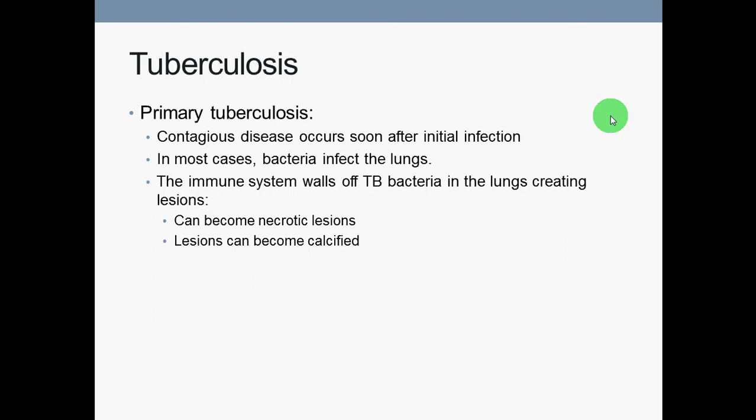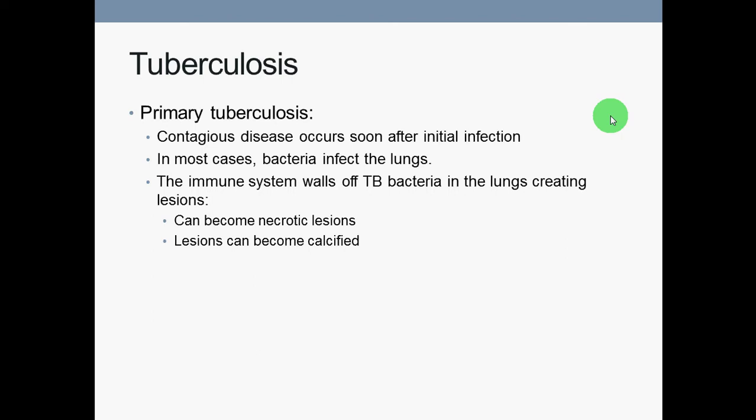In most cases with primary TB, the bacteria infects the lungs. So what happens is the immune system can wall off the TB bacteria in the lungs, creating lesions. These lesions are what can be identified, and are one of the ways that TB can be diagnosed.